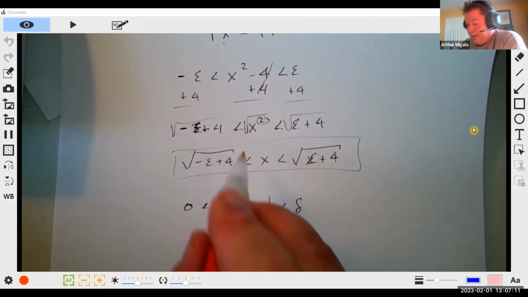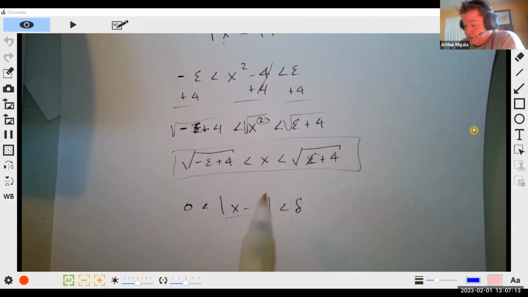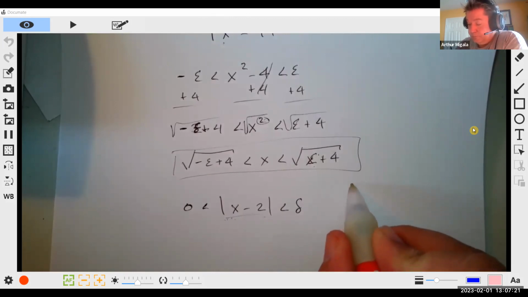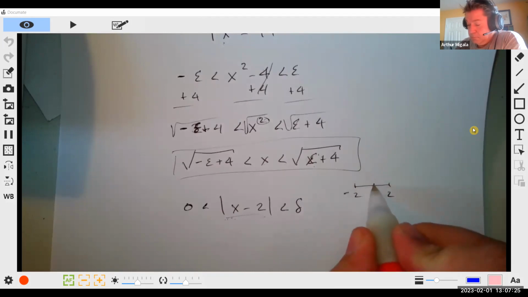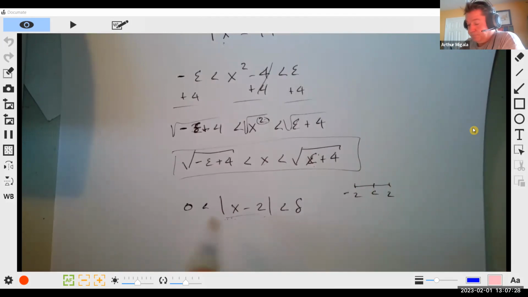What we really have is our value of x within the bounds of 2. That's what it says, because it's contained within there.